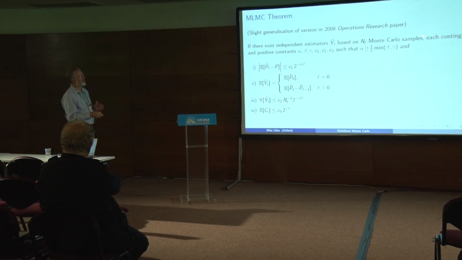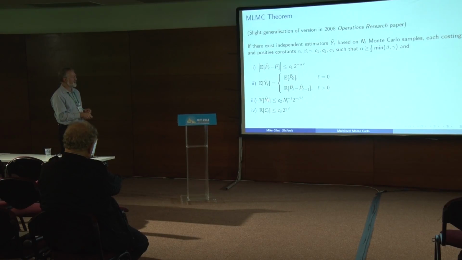So what do I want? Well, I'm assuming that I have these levels. I'm assuming that the weak error decays exponentially with level at a rate controlled by alpha. I assume that I have my estimator y hat on level L, which has an expected value that does the right thing, so that the telescoping sum works correctly.